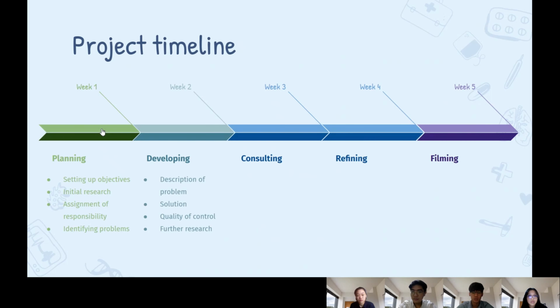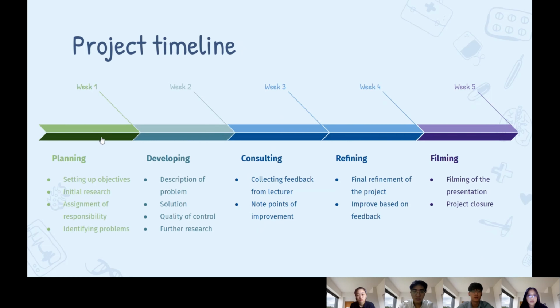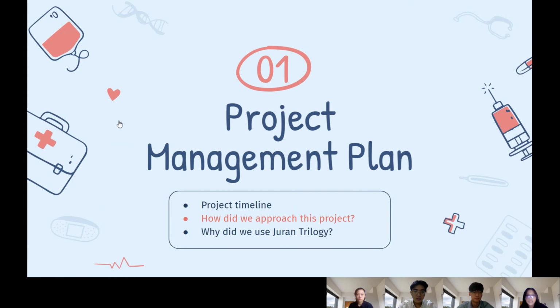In the developing stage, we carried out further research on what could go wrong through this home delivery order and identified possible ways to resolve the problem. Next, we consulted our lecturer on whether the direction that we are moving towards is appropriate. And after getting some feedback, we refined it, and we had our project closure last week where we filmed our presentation slides.